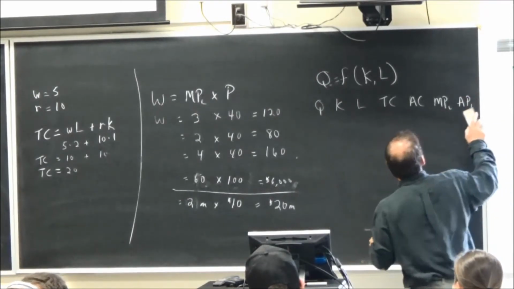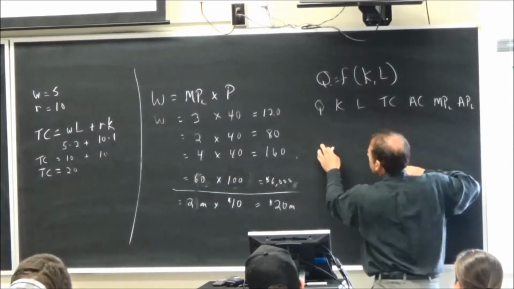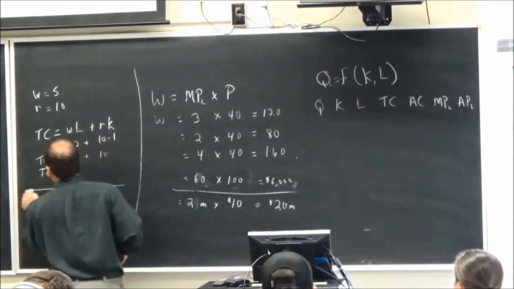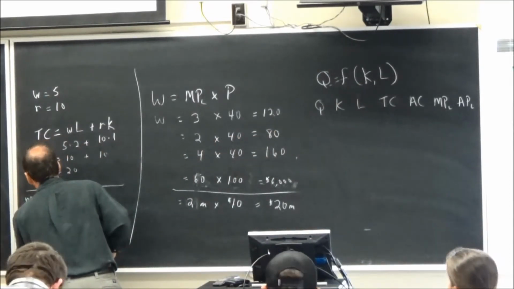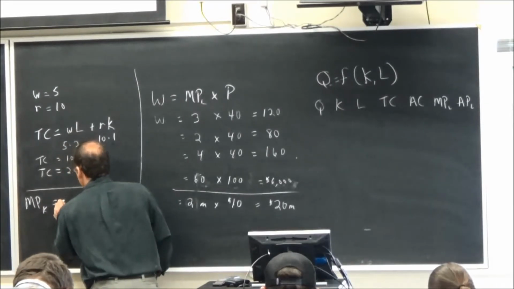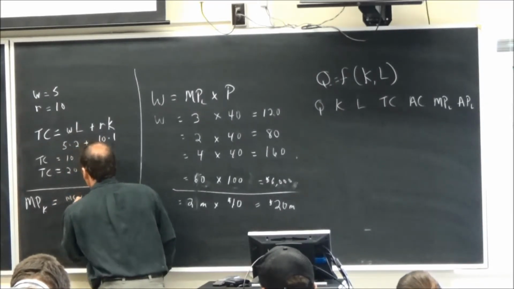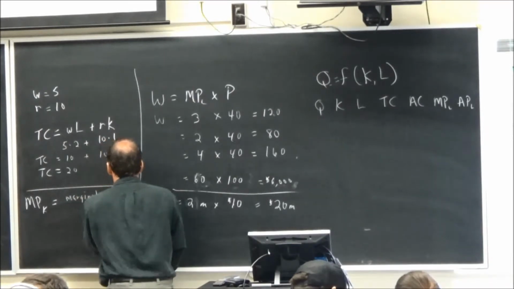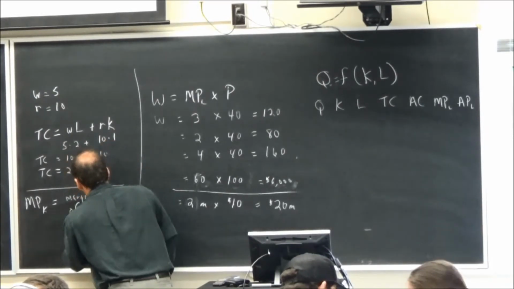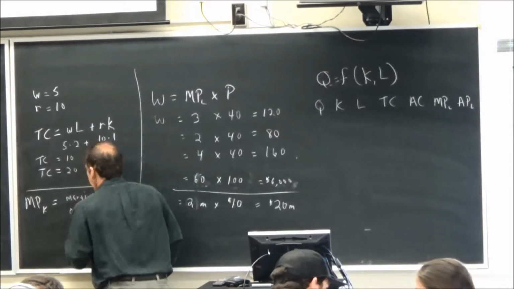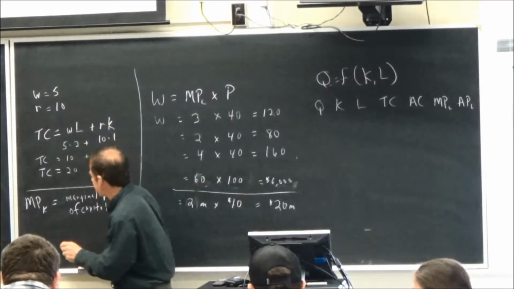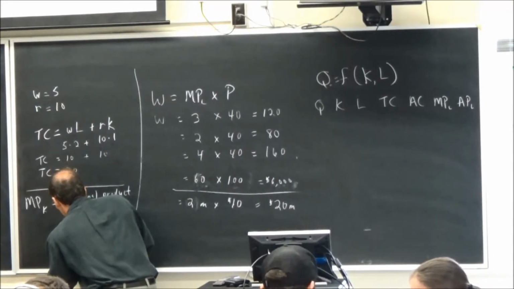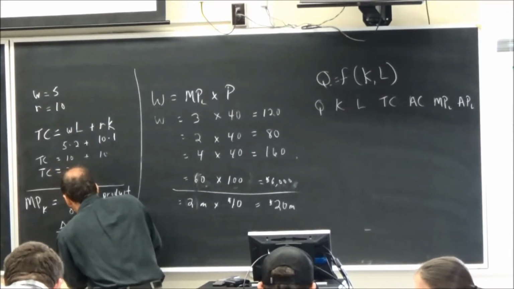And there's another thing that we look at, it's called MPK. So the MPK is the marginal product of capital. And the marginal product of capital is just the change in output when we change capital holding labor constant.